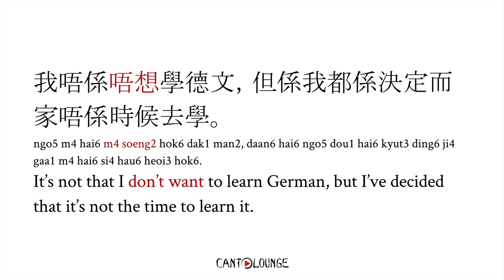So I am not want to learn German. So it's not that I don't want to learn German, which makes more sense. But I also decide now is not the time to learn, right? So there you go. 想學 to want to learn. Fairly straightforward.